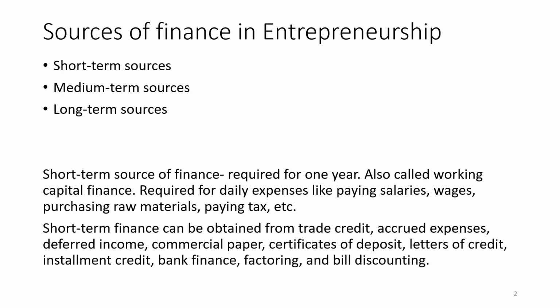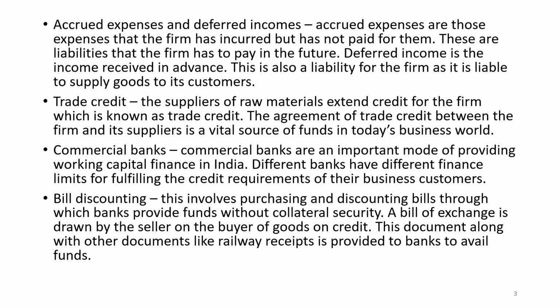So short term finance you obtain from trade credit, deferred income, accrued expenses, commercial paper, certificates of deposit, letter of credit, installment credit, bank finance, factoring, and bill discounting. So, what is trade credit? Trade credit is when the agreement is made between seller and supplier.